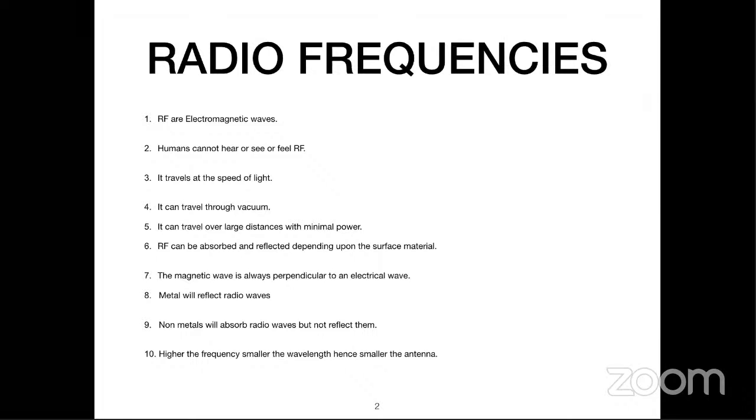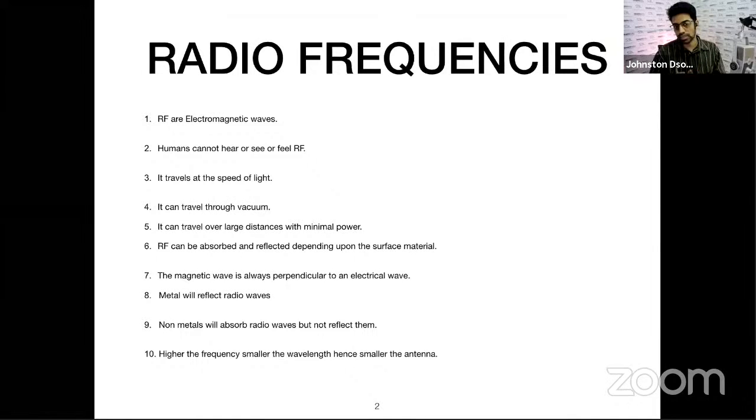The second thing is that we as humans cannot hear or feel RF. That's one reason why it is such a widely used technology. Light is also an electromagnetic wave, but it happens at a very high frequency, and that's why we can see it. Radio frequencies are comparatively low, so we cannot see or feel them, but they travel at the speed of light.